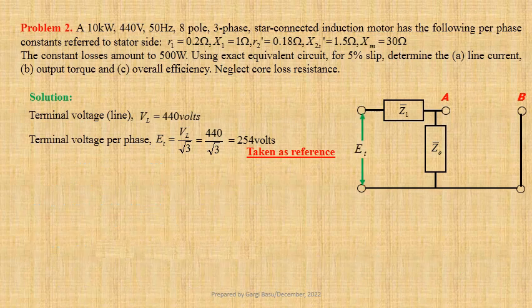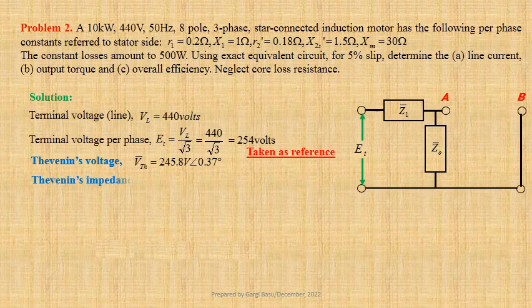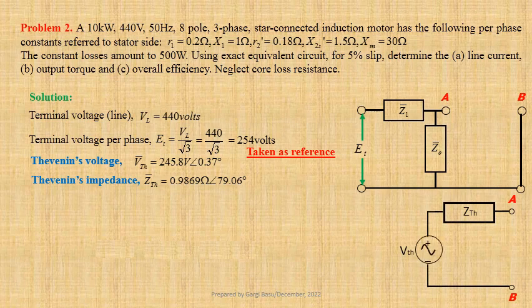We have obtained Thevenin's voltage VThevenin equals 245.8 volt at an angle 0.37 degree and Thevenin's impedance Z Thevenin equals 0.9869 ohm at an angle 79.06 degree. Let us draw the Thevenin's equivalent circuit as seen from terminals A and B.